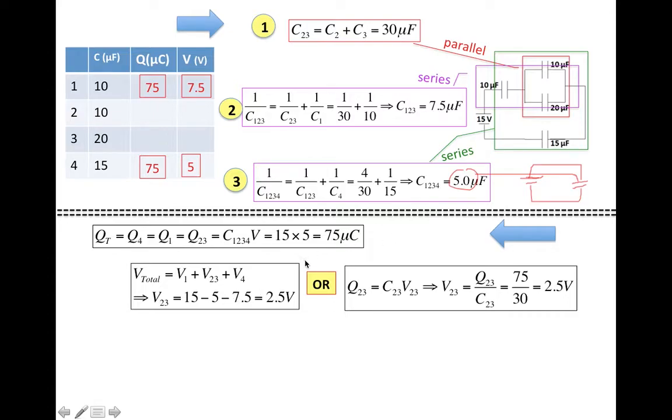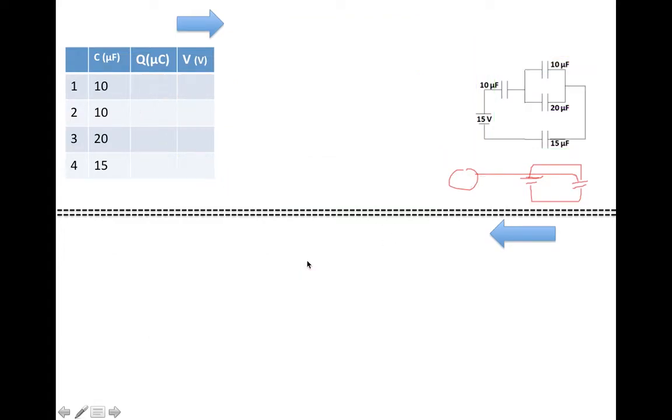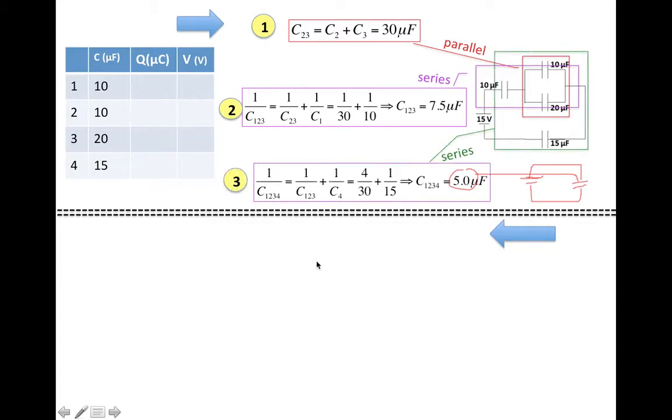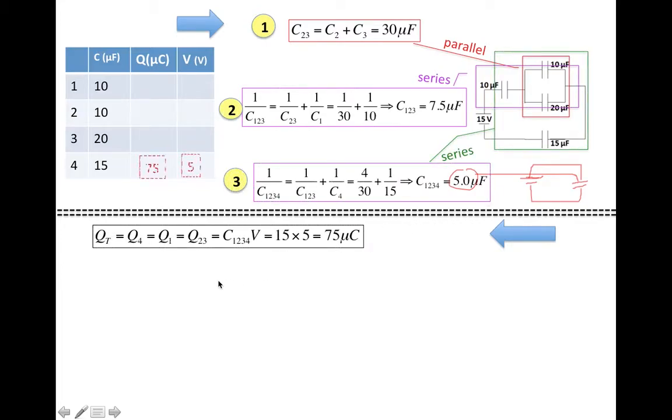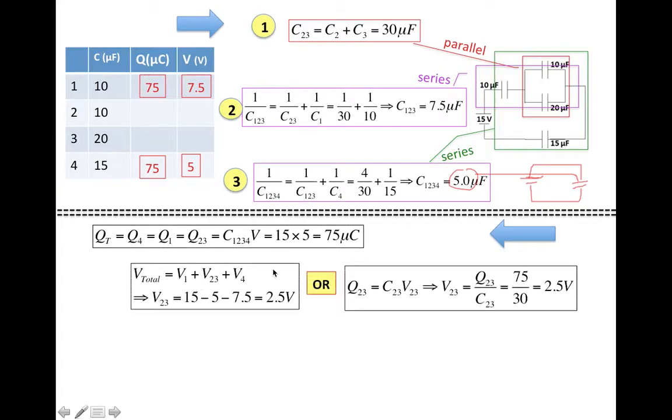Now the other thing I know is that once I do that, the total voltage will be equal to this voltage plus this, because they are connected in series with these two together.